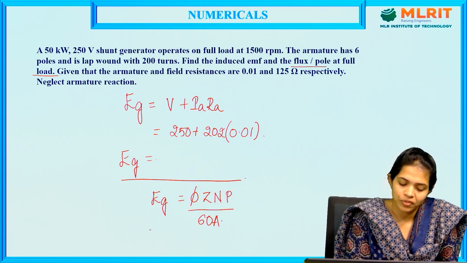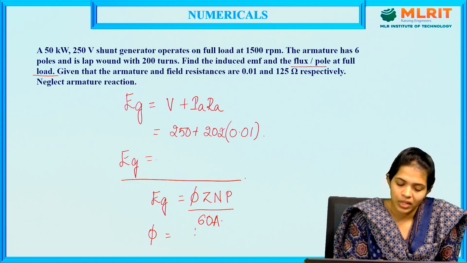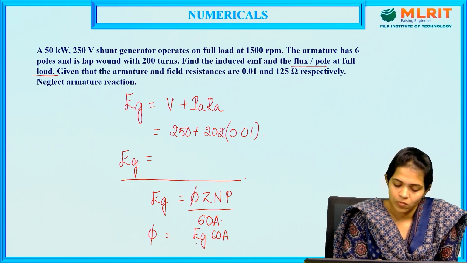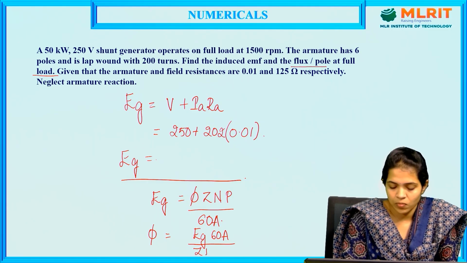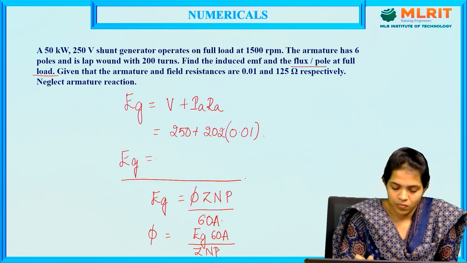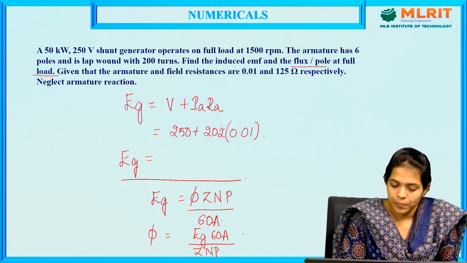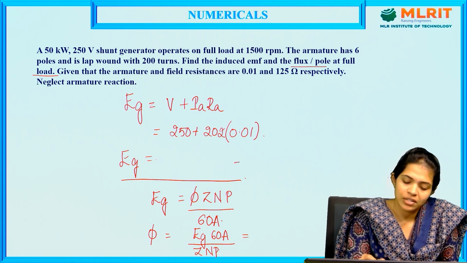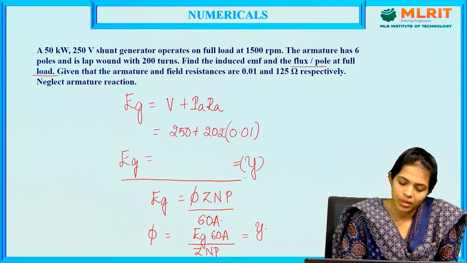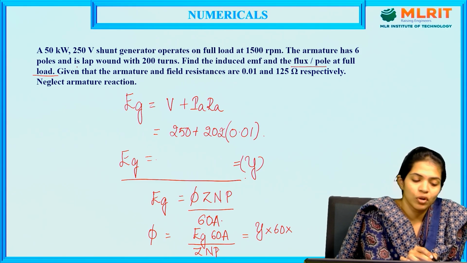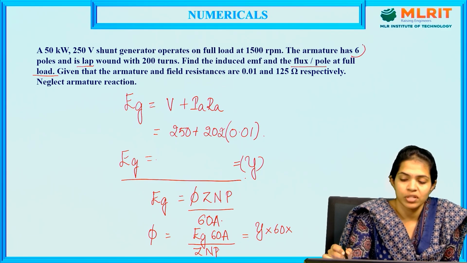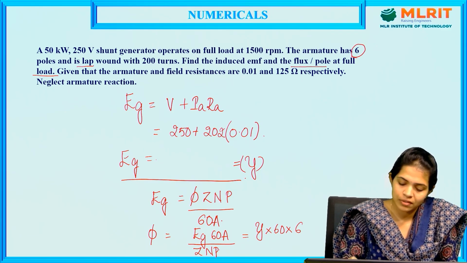He is asking us to find the phi value, so we can rewrite this equation. Let us assume this value as y. We have y multiplied by 60. We know that the number of parallel paths in a lap wound machine is equal to the number of poles, so it is 6.